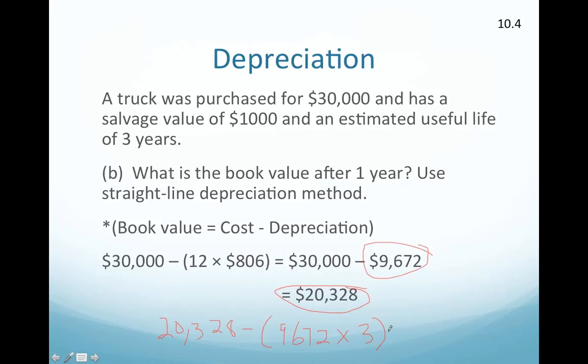And then that would give us our new book value. Okay, so that's how we would go about doing it.